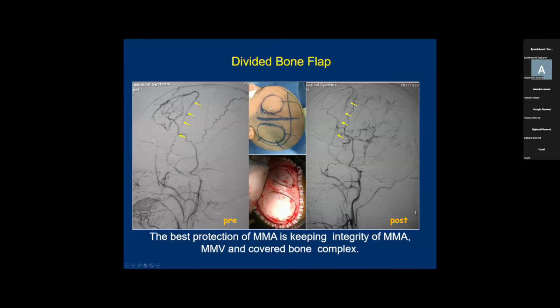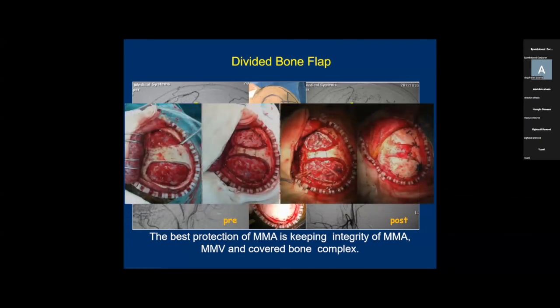You can see I do the 2 bone windows, one in front of the middle meningeal artery, one posterior to it. Actually, you can see some blue line here under the bridge. So I think the best protection of the middle meningeal artery is keeping the MMA, MMV, and the covering bone complex.